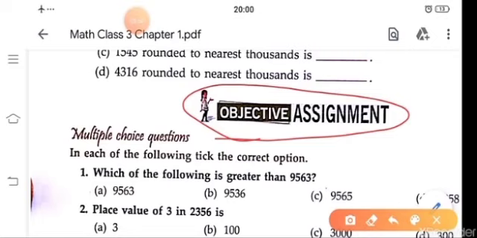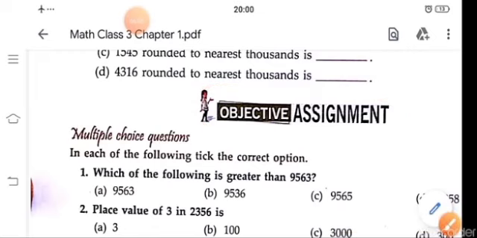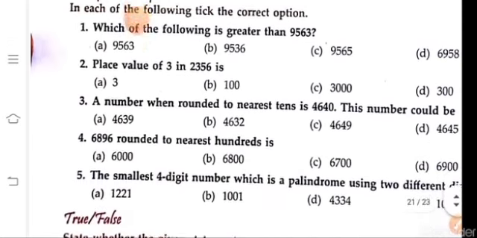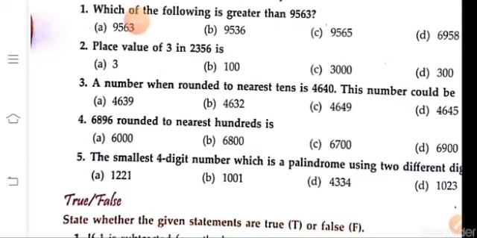Do all these questions because you have already learned how to write the greater number, the place value, the greatest and smallest number, the smallest 4-digit number, and how to round numbers to nearest 100, tens and 1000.